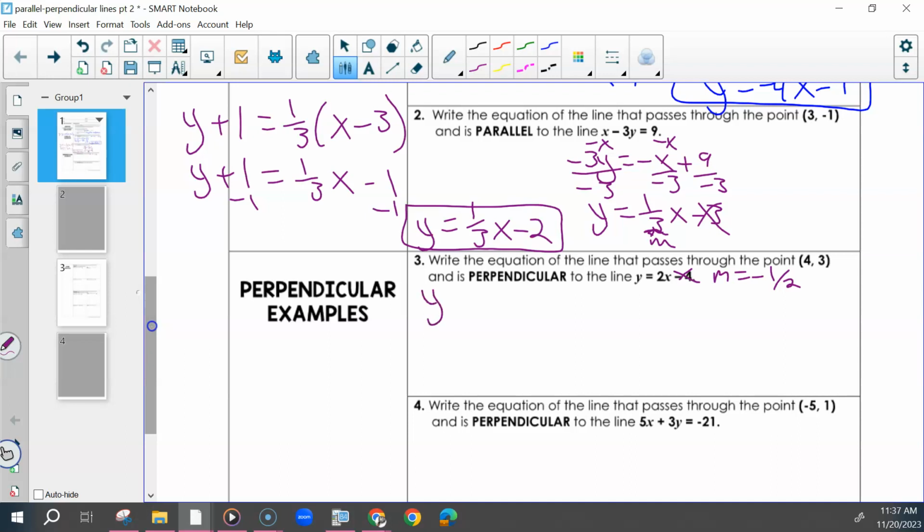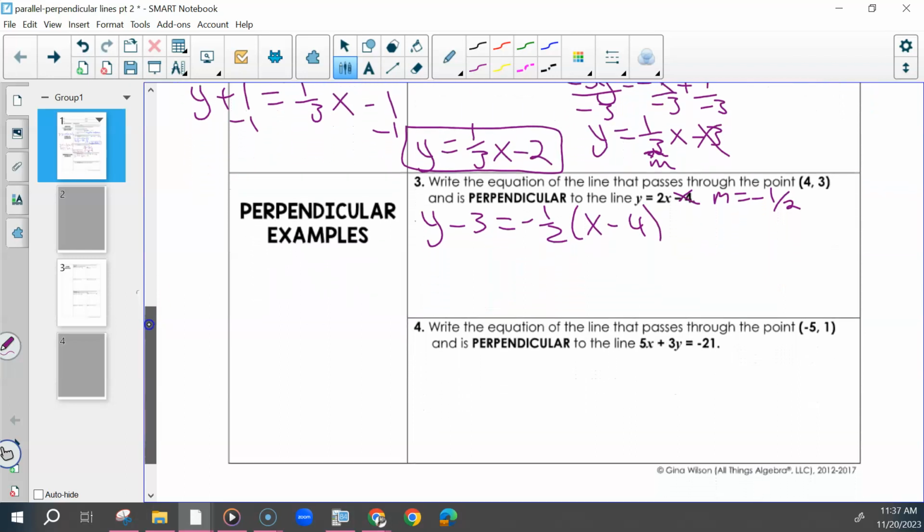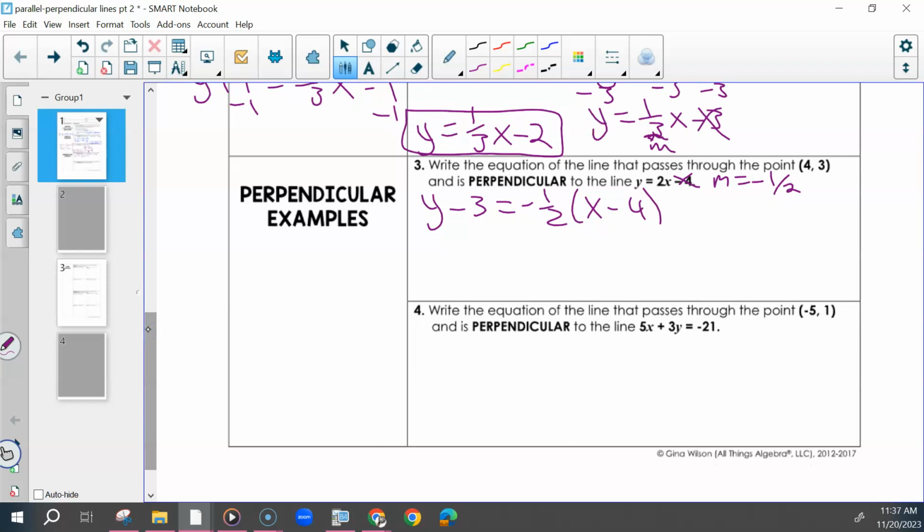So this is going to be y minus 3 equals negative 1/2 times x minus 4. And then distribute and solve. Negative 1/2 x plus 2. Add 3 to both sides.